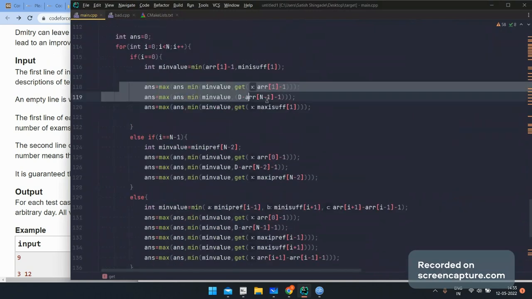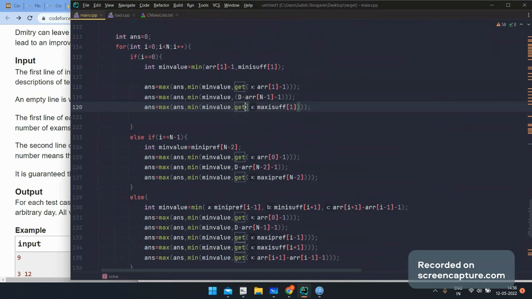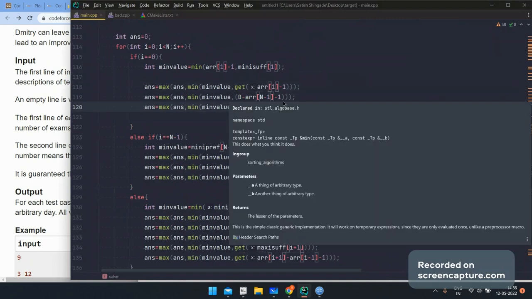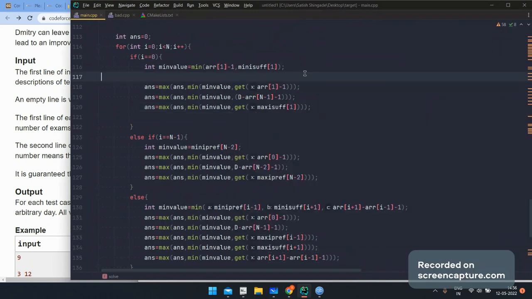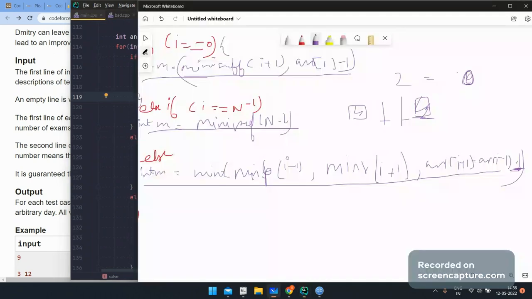So this is the gap between the first element for the second test and 1, so that we can take, and this is between the last. Suppose I place an examination on the last date, so what would be the gap? Array of n minus 1 minus d minus 1, because I place something on d, so minus 1.